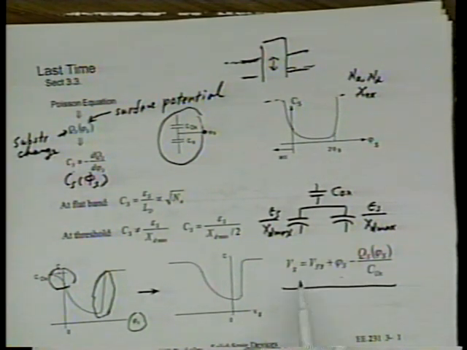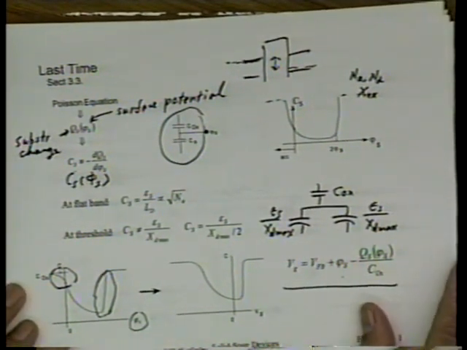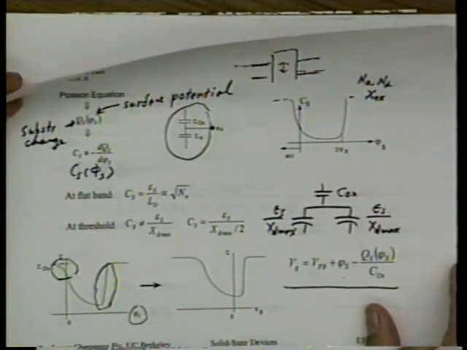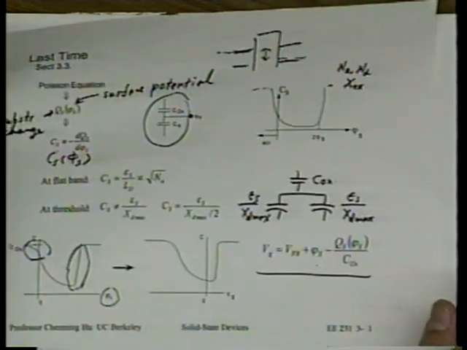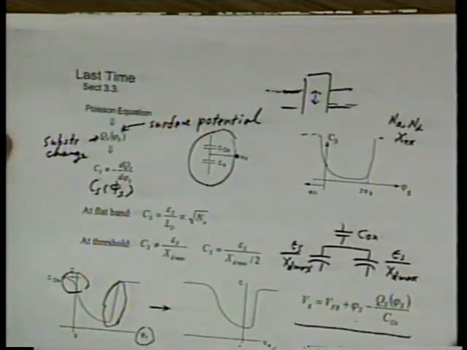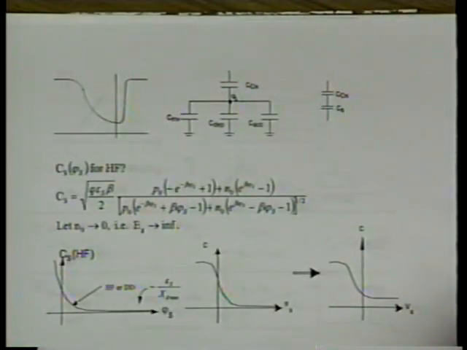And any time when VG is not equal to VFB, the difference will be taken up by phi s and Vox. So I did not assume VFB is 0, right? That assumption is unusual even for textbooks, so it could even be confusing. So I don't recommend you ever drop that VFB, all right? I think our textbook is the only one that starts with the VFB equal to 0 assumption.